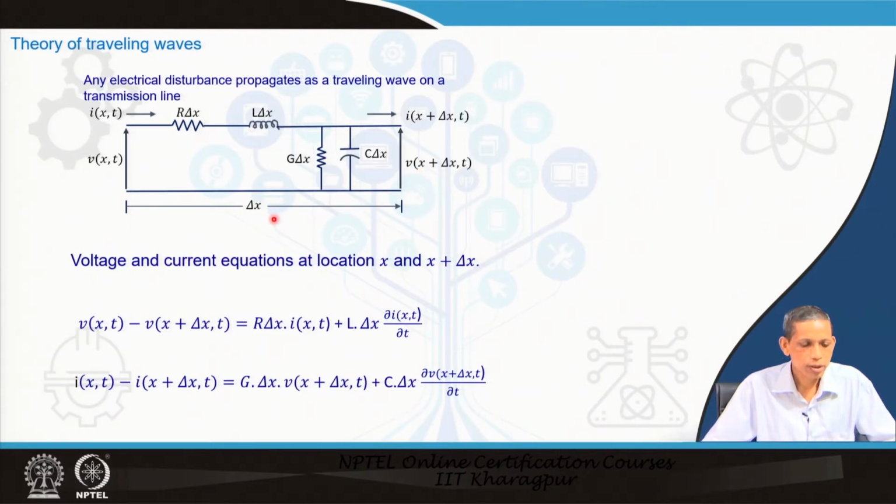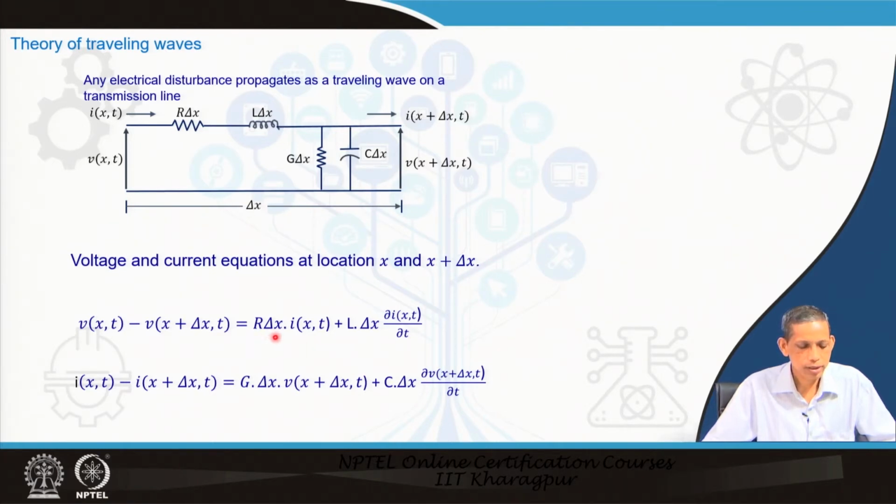So, for this elementary small portion of the network, we can write that the voltage of the left side minus the voltage of the right side is the drop in the elementary section.